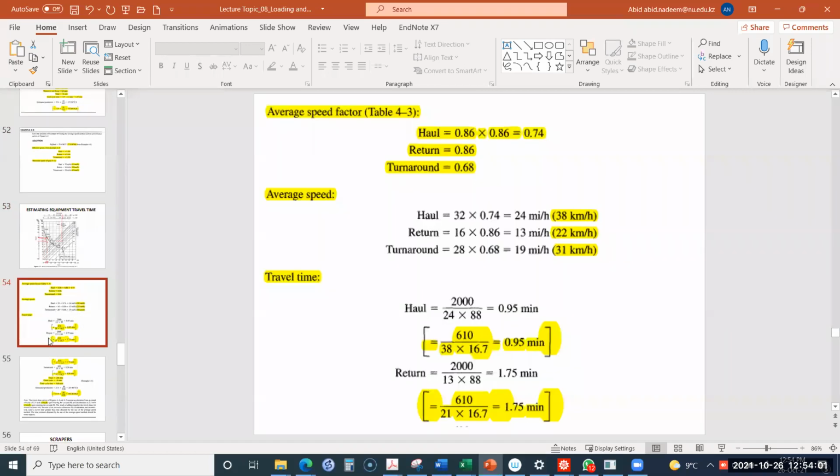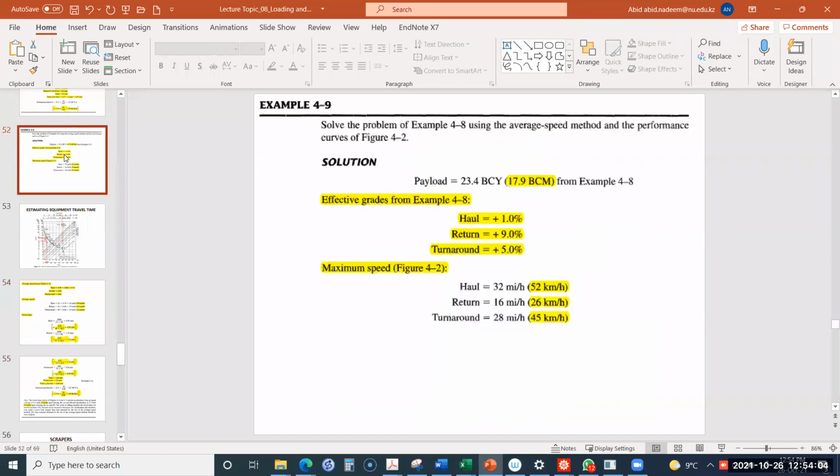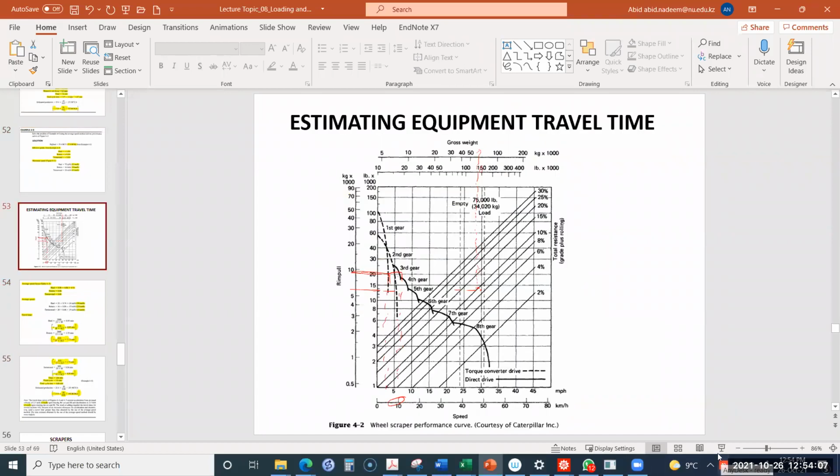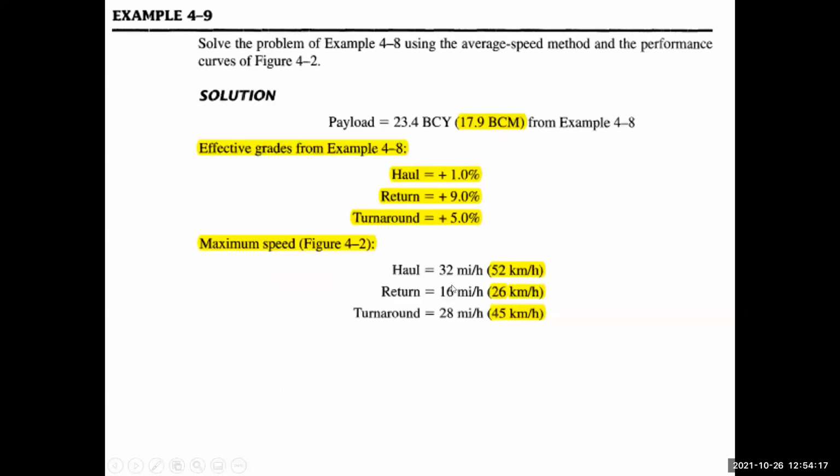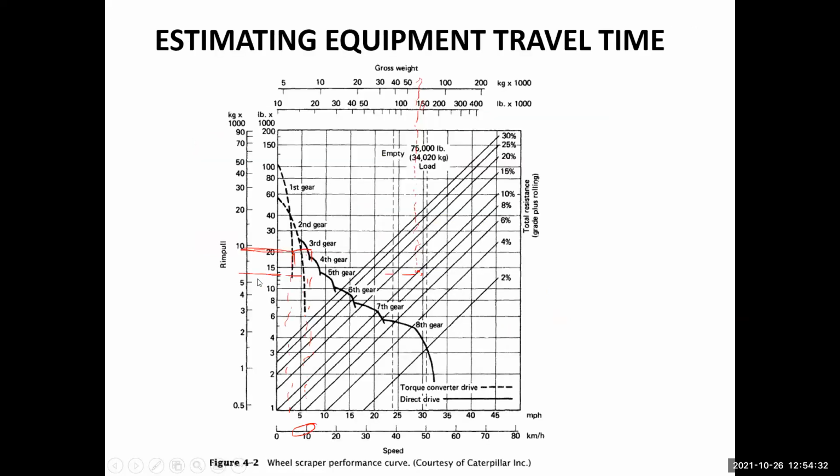Now the figure is here. The speeds are 52 km per hour for hauling, then 26 km per hour, and then 45 km per hour, which we can see from figure 4-2. For this, we need to see the gross weight on the machine, and then we can read those values. Just give me a minute.